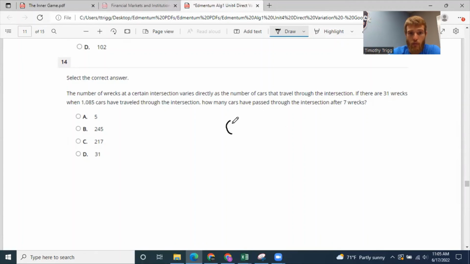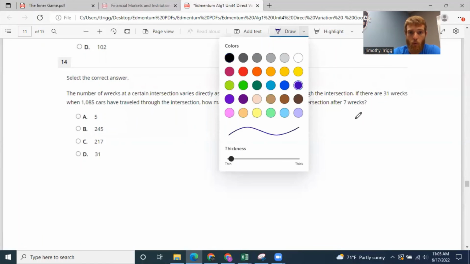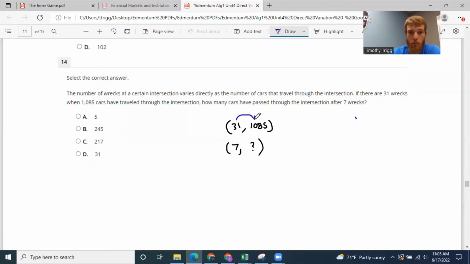So 31 wrecks were caused by 1,085 cars driving through. So 7 wrecks, how many would that be? So once again, what's the multiplier? What are we multiplying by to get to here? That's your value K. Then you multiply the same amount here. Okay.